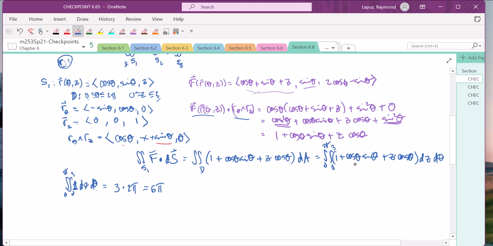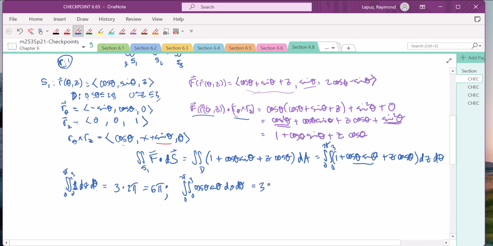Alright, now for the next integral, we got the double integral of cosine theta sine theta dz d theta. Z goes from 0 to 3, and theta goes from 0 to 2 pi. Now let's get rid of the z, so the integral with respect to z is going to be z, and z from 0 to 3 is going to be 3. So this is separate.